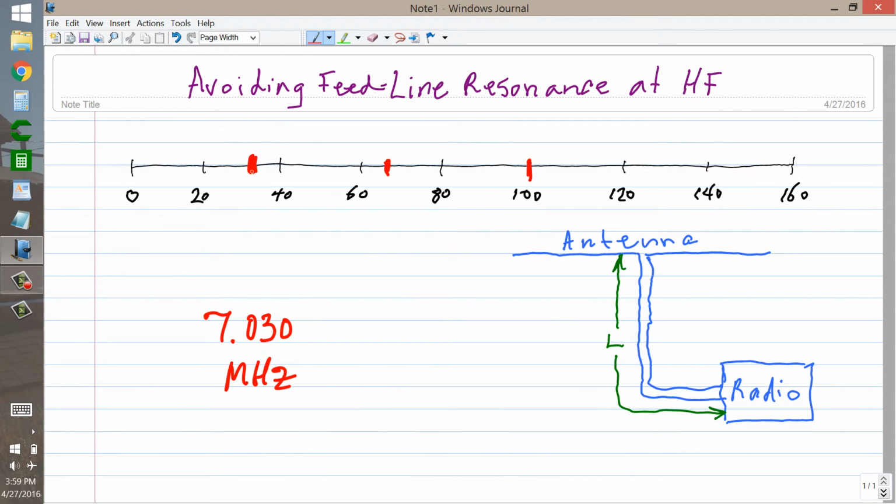So it's about 33 and a half, maybe 67, and 100. And then, of course, you just repeat that all over again indefinitely.